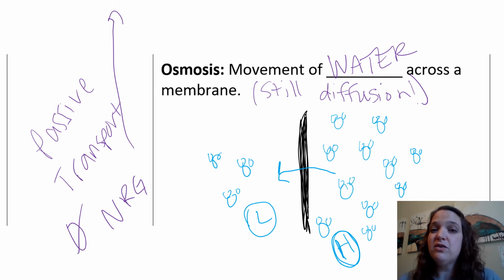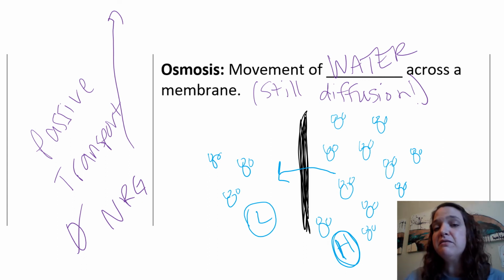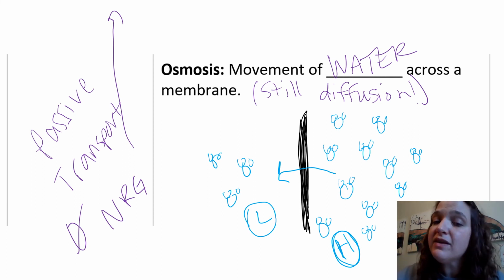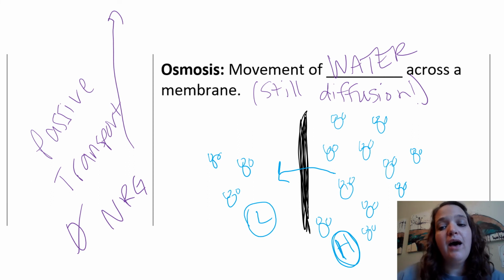Advanced students, you guys are going to learn about active transport later this week or next week, and that does require energy. So you just need to know that diffusion and osmosis are just passive transport, and that no energy is involved in that process. And osmosis is still considered part of diffusion because it is a molecule moving across a membrane, high concentration to low concentration, but osmosis is very specific in that it is only specific to water.